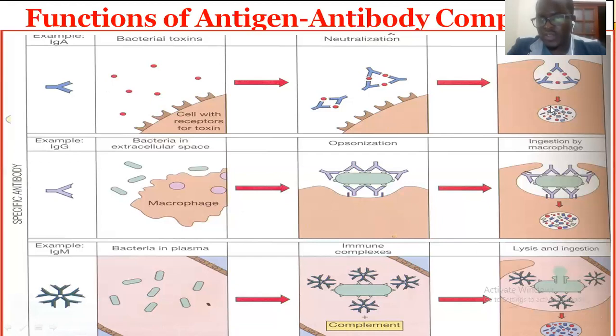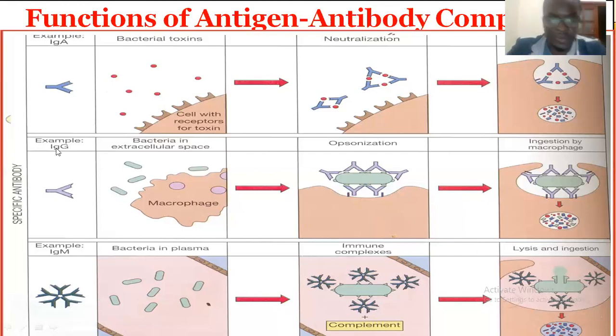It will fuse with the lysosome, and then the toxins will be destroyed. So this is called opsonization. I mean, this is called neutralization. So the toxin that is produced by a bacteria will be neutralized by attachment of the antibody to the toxin. That will bring about neutralization and then internalization later on.